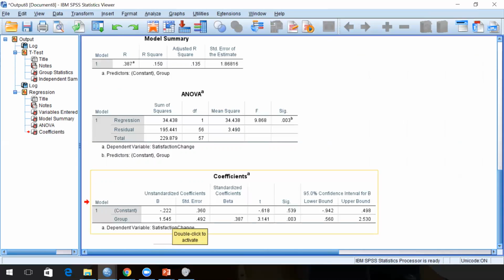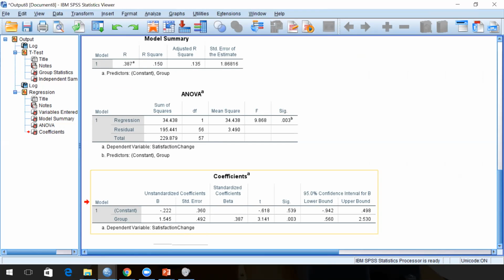Well, we have a constant of negative 0.222. We have a group coefficient of 1.545. If someone was in the control group, we take this coefficient for the group variable and multiply it by 0. So 0 times 1.545 is 0, right? And so we would predict that that person in the control group, the change in their job satisfaction was negative 0.222, which is kind of what we got earlier in our previous calculations.